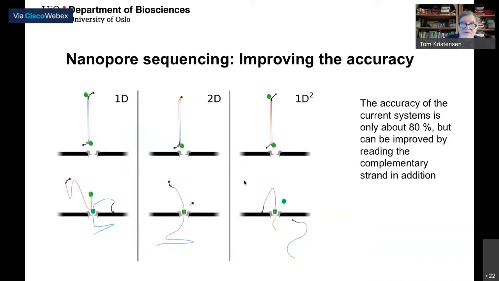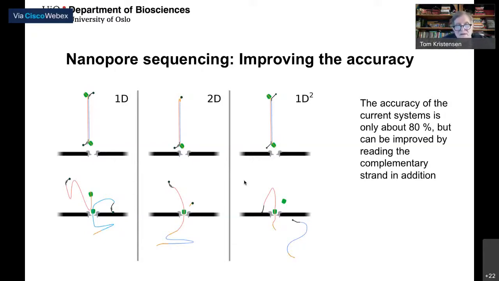But the sequence quality, the accuracy of what you read, is not extremely high even for this instrument. An error rate of 15 to 20% is what one would expect, which again is a bit too high to make it really easy to assemble bacterial genomes using this technology alone.